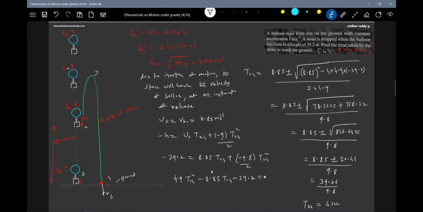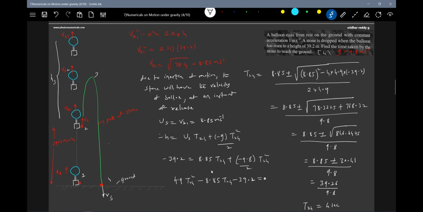At what height will the balloon be? Can we calculate all these things? For that, we know VB1. Further, we have to calculate this particular height ascended, call it H3.